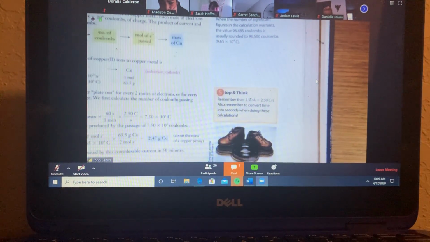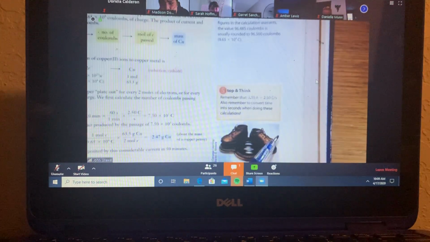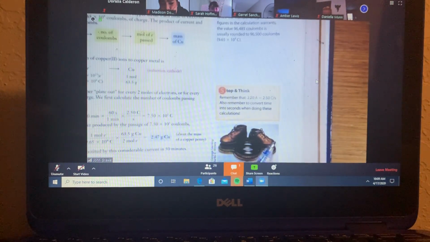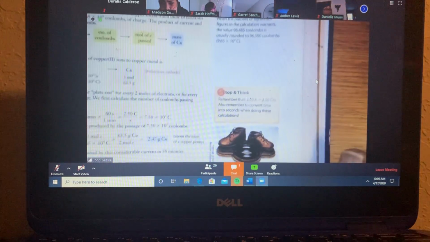And here you see it's a desk ornament. So what we did was we immersed the original shoe into a copper solution and we applied electrodes to turn the current on, and copper ions got deposited onto the shoe, where they were reduced to metal. So let's see the process go into its calculation.